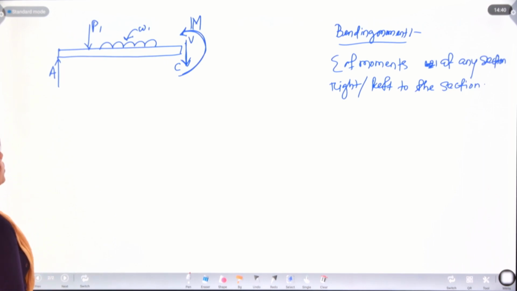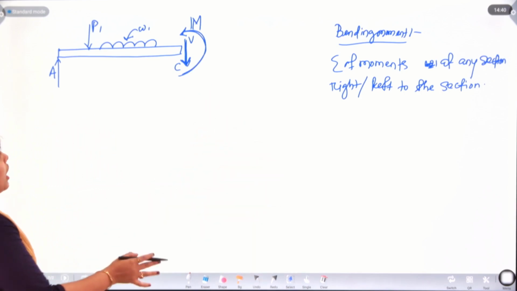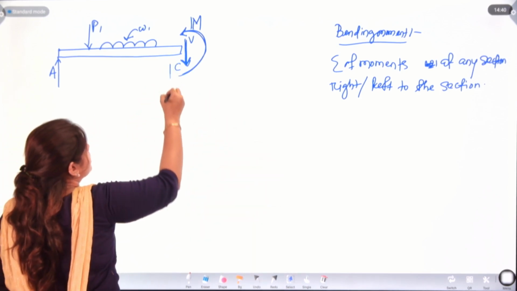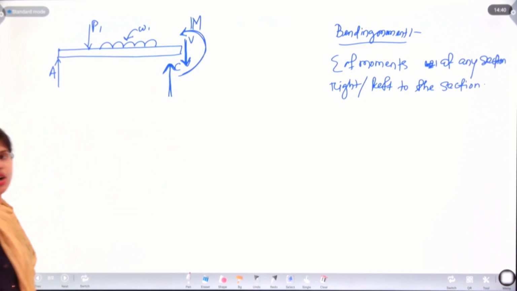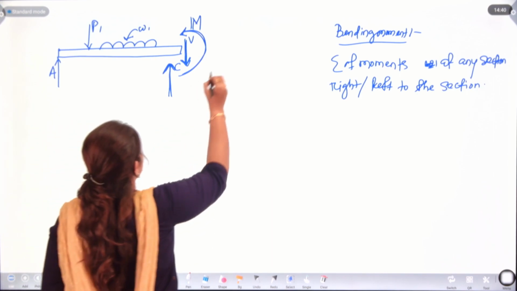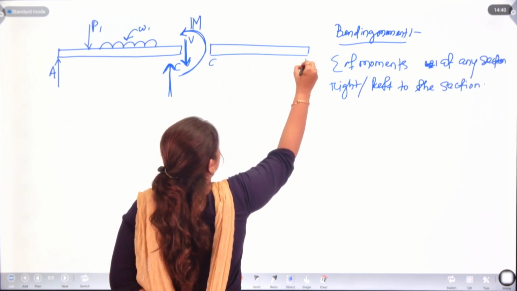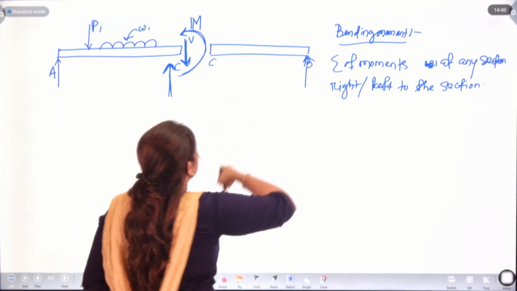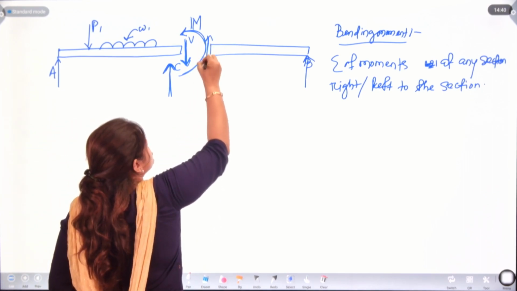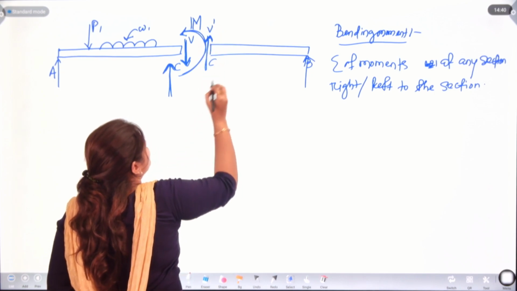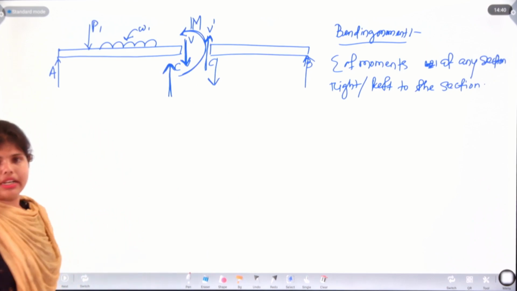As we have the shear force in the downward direction, the external load will be in the upward direction. Similarly, in the CB section, as we have the shear force in the upward direction, we will have the external load in the downward direction.